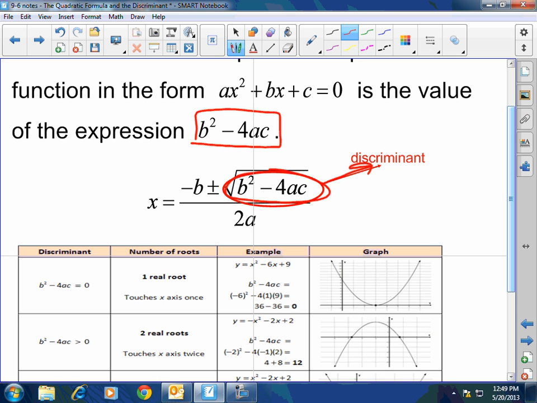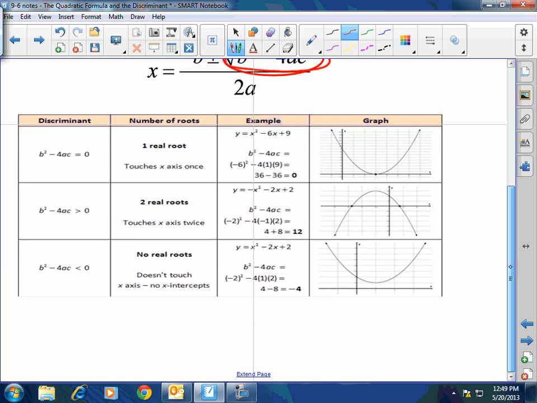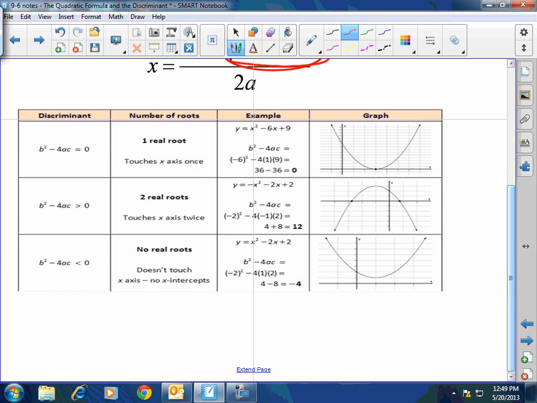And how does it help us? Well, the discriminant helps very, very easily. If the discriminant, b squared minus 4ac, is equal to 0, that means that there will be only one answer, one real solution. And as you can see here, that means you have one intersection, one x-intercept.